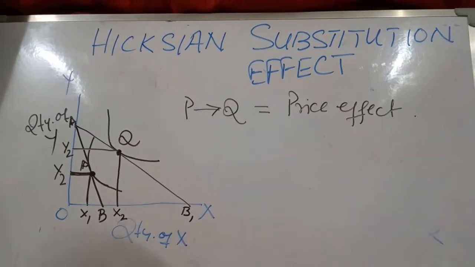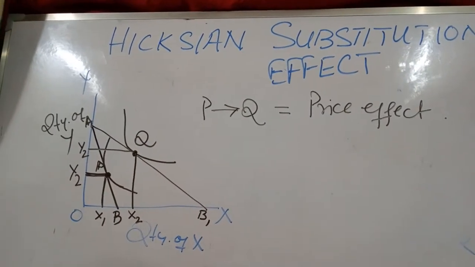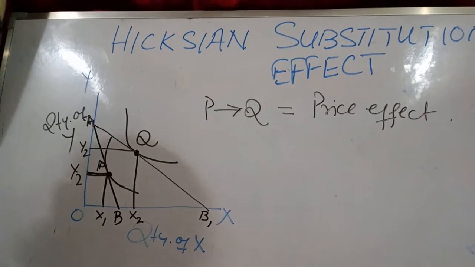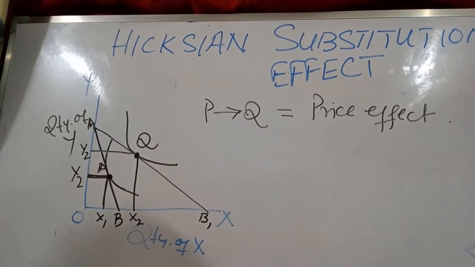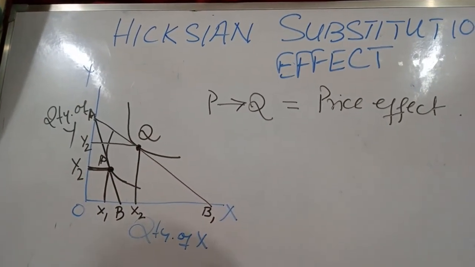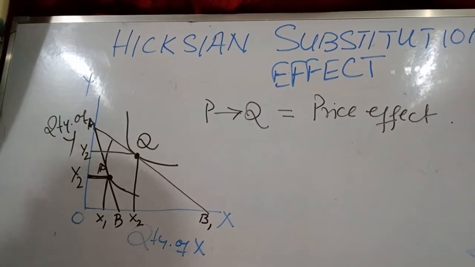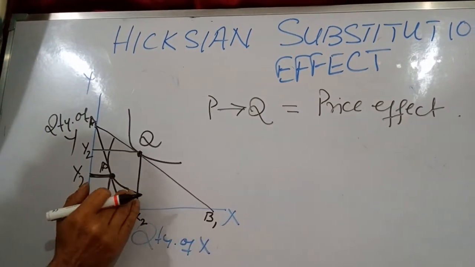Now Hicks postulates that suppose the increase in his real income due to fall in price of one commodity is taken back from the consumer. The increased real income is withdrawn from the consumer so that the consumer falls back on the earlier indifference curve.